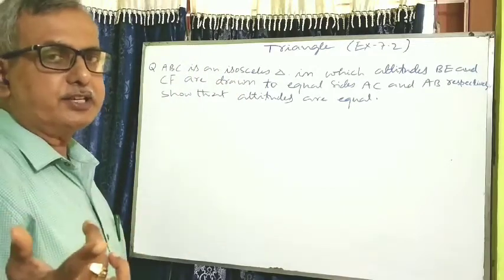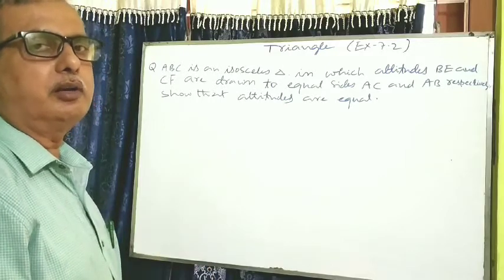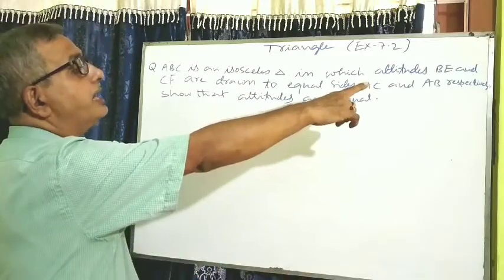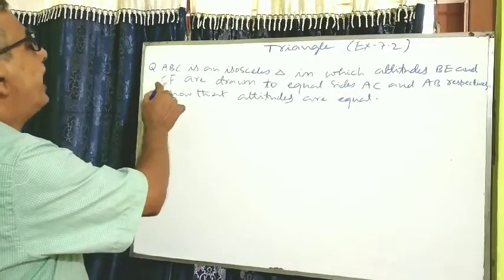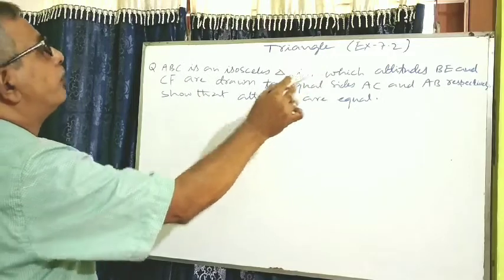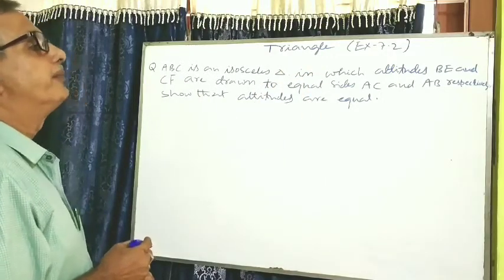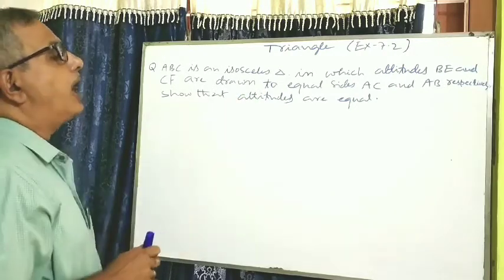What is an isosceles triangle? A triangle having two sides equal is called an isosceles triangle, in which altitudes BE and CF are drawn to the equal sides AC and AB respectively, so that the altitudes are equal.